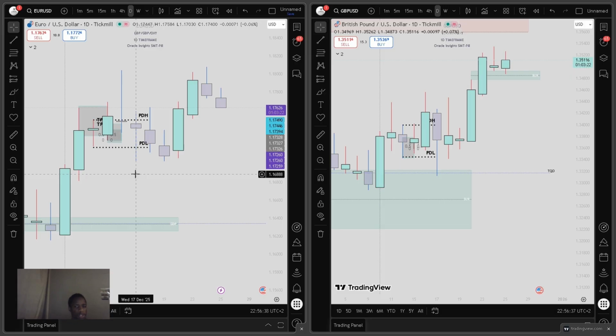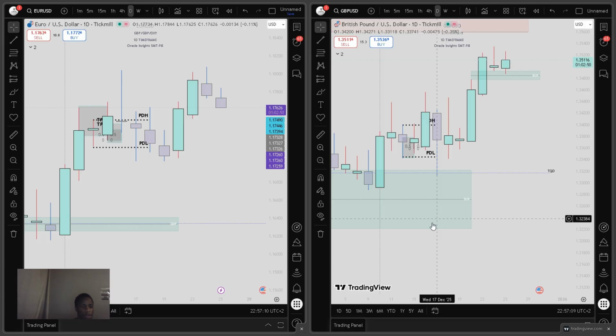Now the euro is showing much more respect for the bullish intent, right? But as you can see, the reason why this came down is because it probably wanted to retrace this area here. I was about to say it was going to fill a gap, but there's no gap there. So probably it attempted to retrace the SMT fill, but sort of did not, right?